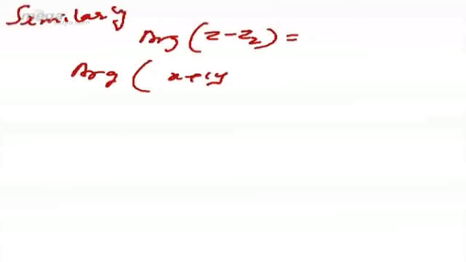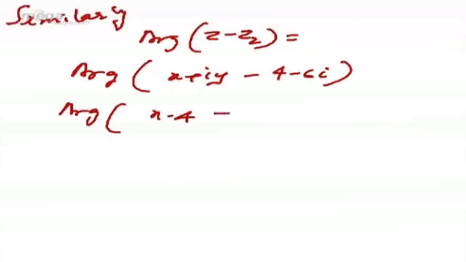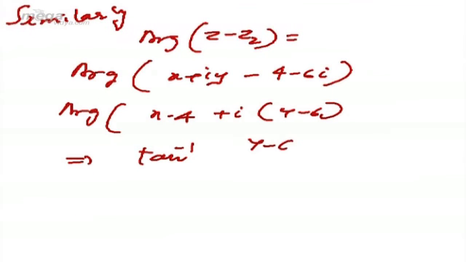Similarly, the argument of z minus z2 is equal to the argument of x plus iy minus 4 minus 6i, that is the argument of (x minus 4) plus i times (y minus 6), which will be equal to tan inverse of (y minus 6) upon (x minus 4).